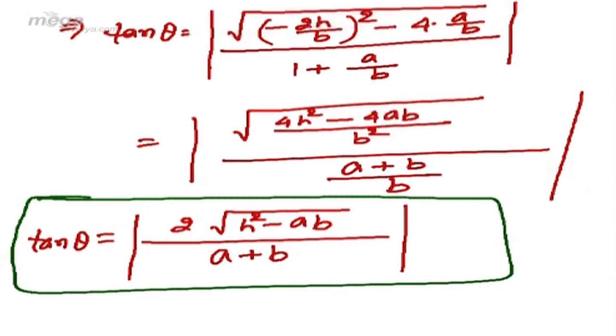From here, if you get tan theta equal to this, and h square minus ab is greater than 0, then you will get some value of theta. Whatever the value of theta, it may be 30 degrees, 60 degrees, 1 degree or half a degree, but you will still get some real value of theta if h square minus ab is greater than 0.